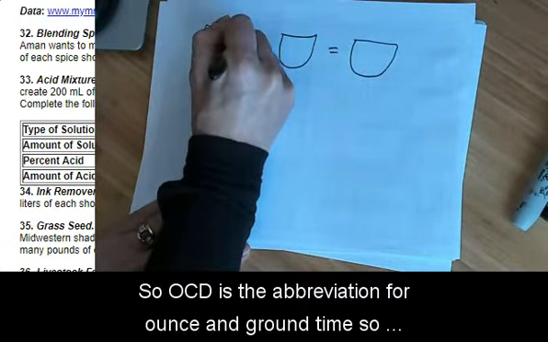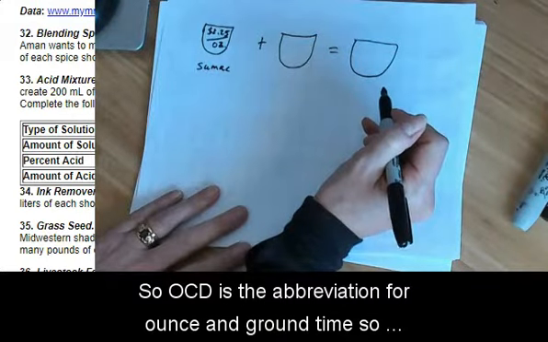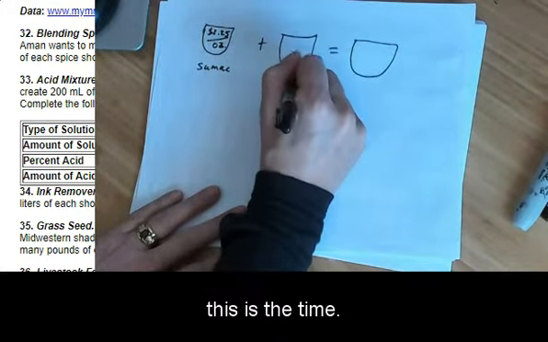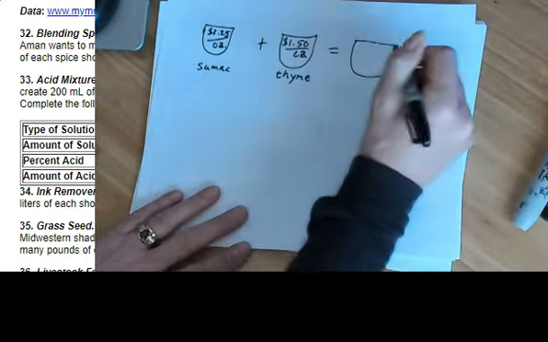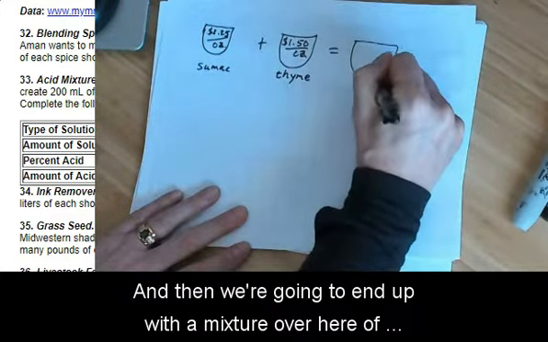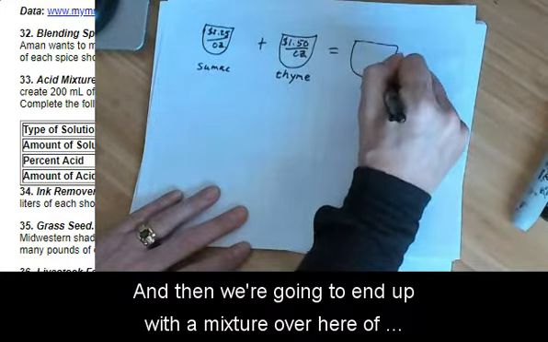So OZ is the abbreviation for ounce. And this is the thyme, and it sells for $1.50 per ounce, $1.50 divided by 1 ounce. And then we're going to end up with a mixture over here of the two spices. We know that we want to sell it for $1.80 per ounce.